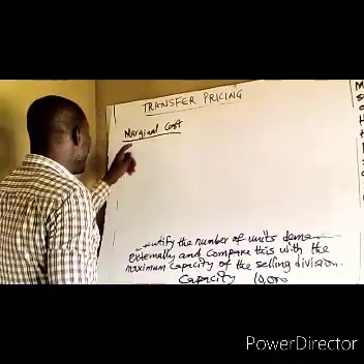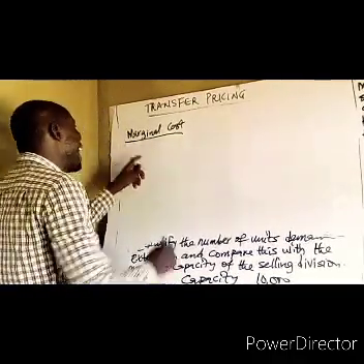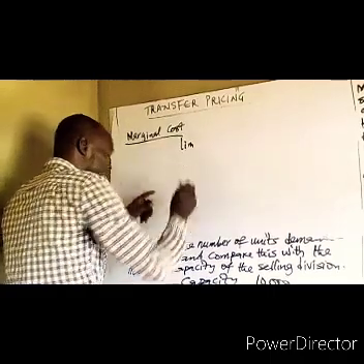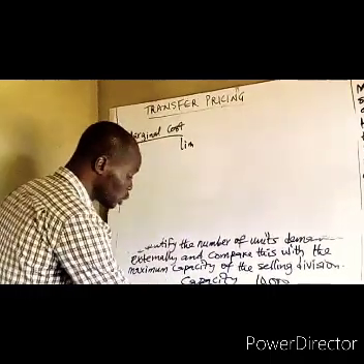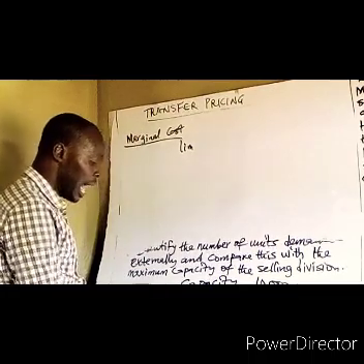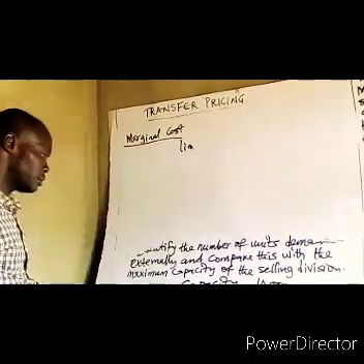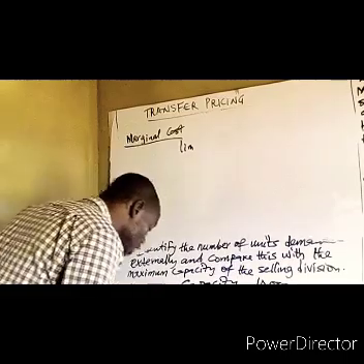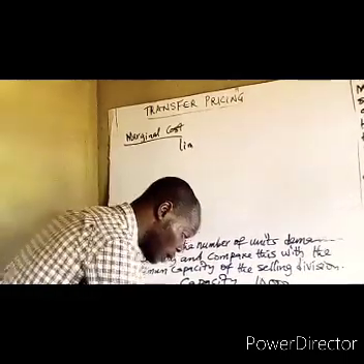Then, where there are limitations, I have categorized the limitations into two: capacity limitations and demand limitations. I've told you that where there are limitations, you make use of the opportunity cost of making the transfer.